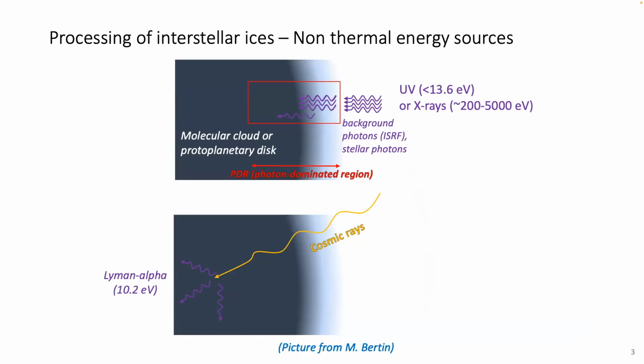And you have more or less photons that can penetrate into the interstellar object, the molecular cloud, or the protoplanetary disk, for example. And you can also have another source of non-thermal energy, which are cosmic rays that are present almost everywhere. For example, if we consider cosmic rays in a molecular cloud, they can also generate some UV photons.